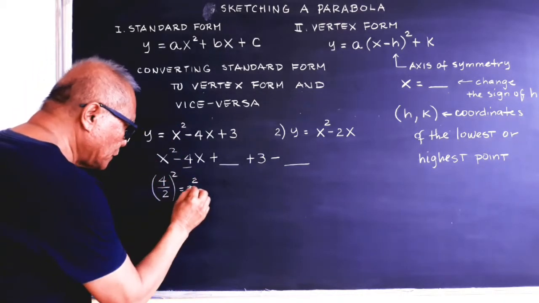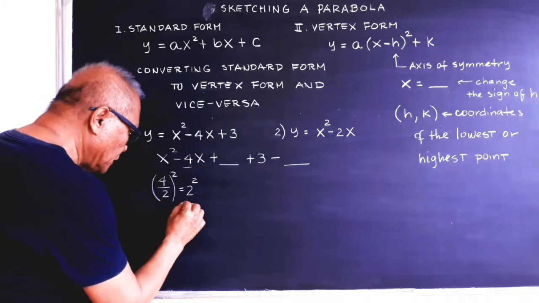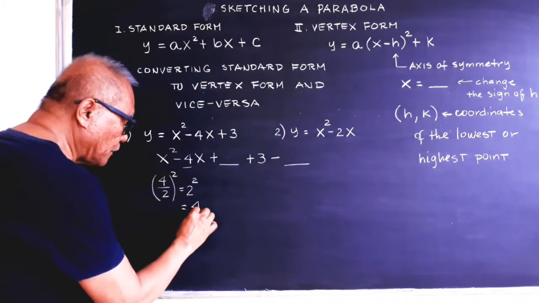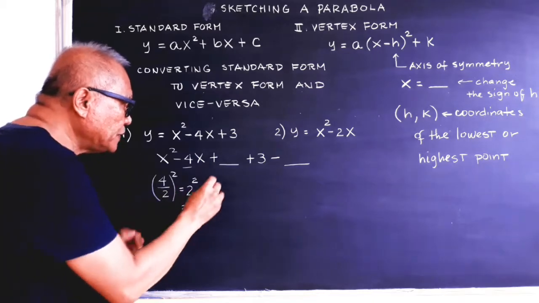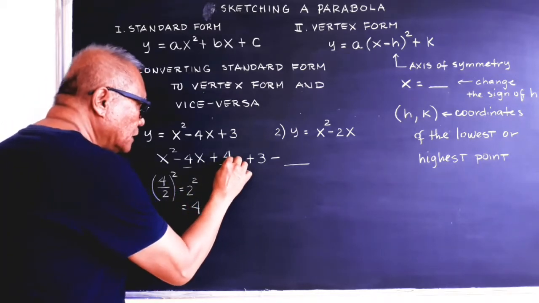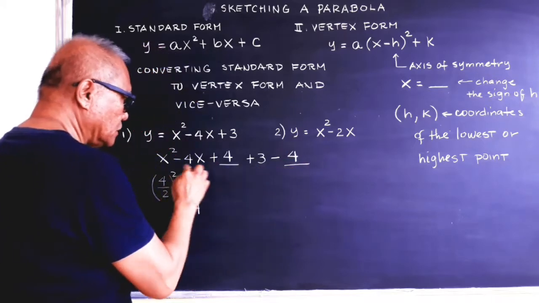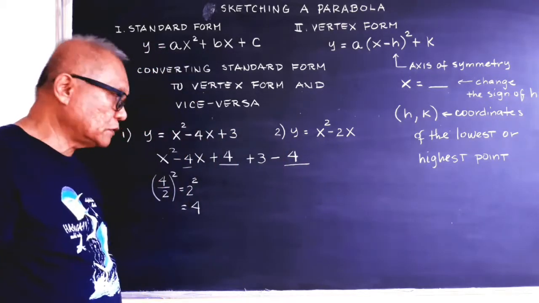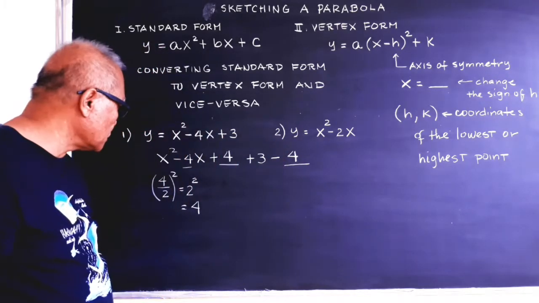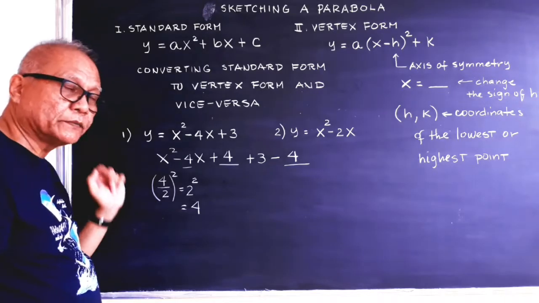So 2 times 2 is equal to 4. So 4 will be added here. 4 must be subtracted here also in this expression. This one is an expression only, not an equation, because we removed the y here.